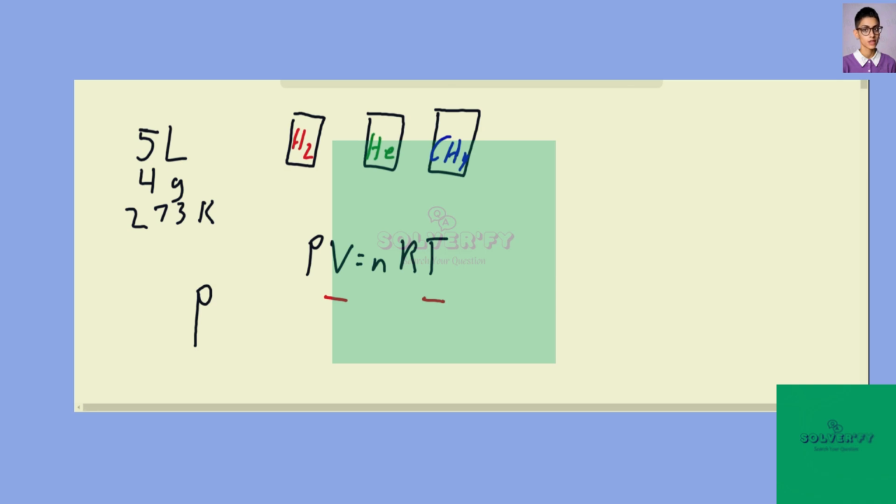Given that far more molecules are needed of hydrogen to make a certain weight than they would be needed for helium, and CH4 would require only a few of the molecules, we know that H2 has the highest n.